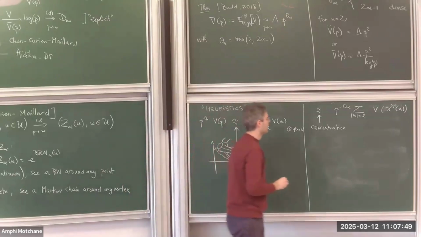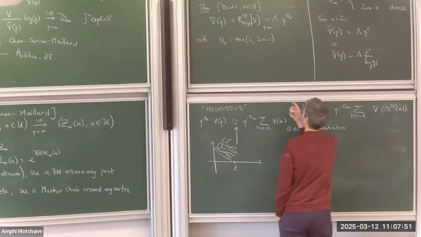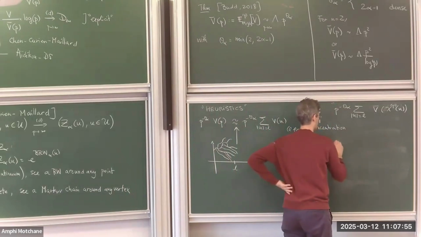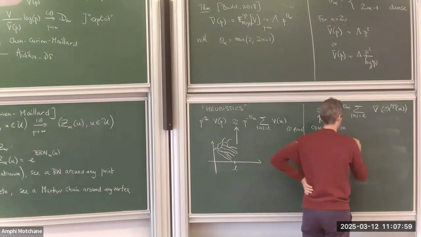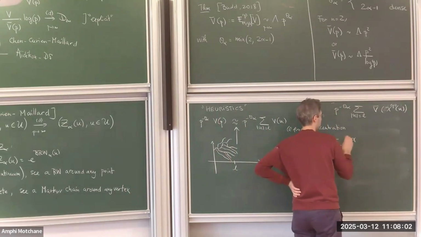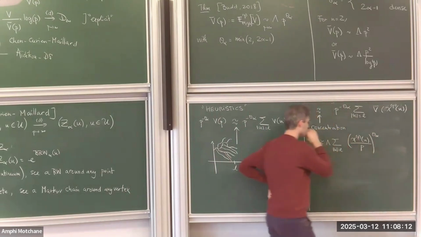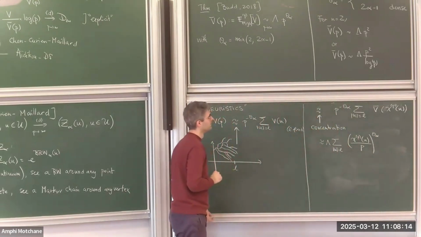If you assume this and then use the asymptotics for the mean volume, then what you see is that this is going to be lambda times u to the theta alpha over p.